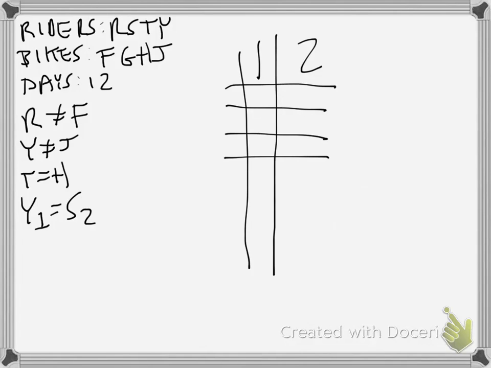So we'll go R, S, T, Y down the side. And we can add some additional details to it. We know, for instance, that F can't be going with R. We do a little null sign F there. That J can't be going with Y.